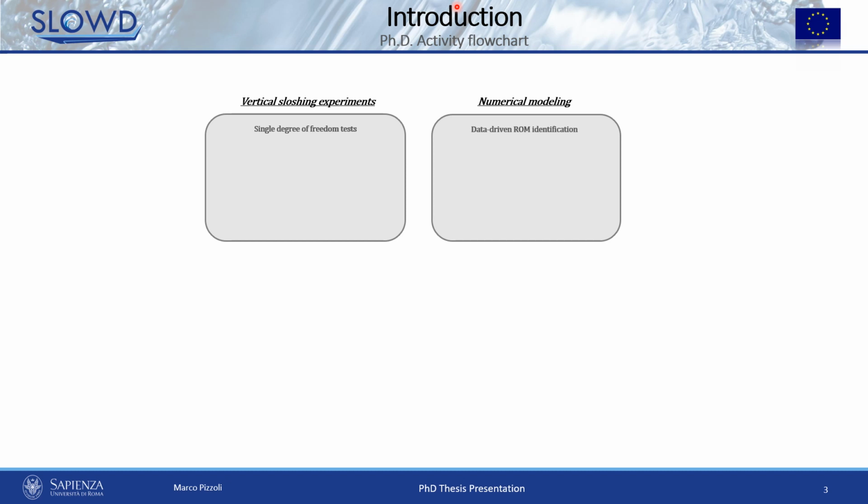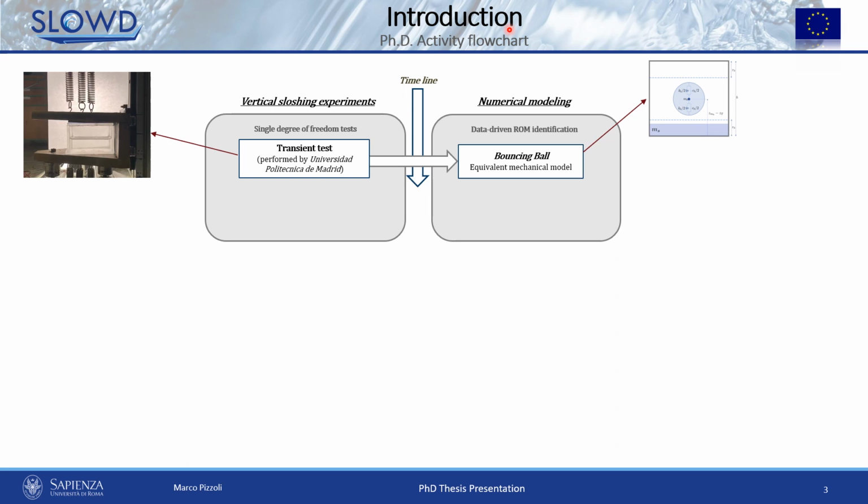And from a chronological point of view, the activity began with the identification of a reduced order model referred to as a bouncing ball through the use of experimental free response data provided by the Universidad Politécnica de Madrid, one of the project partners.